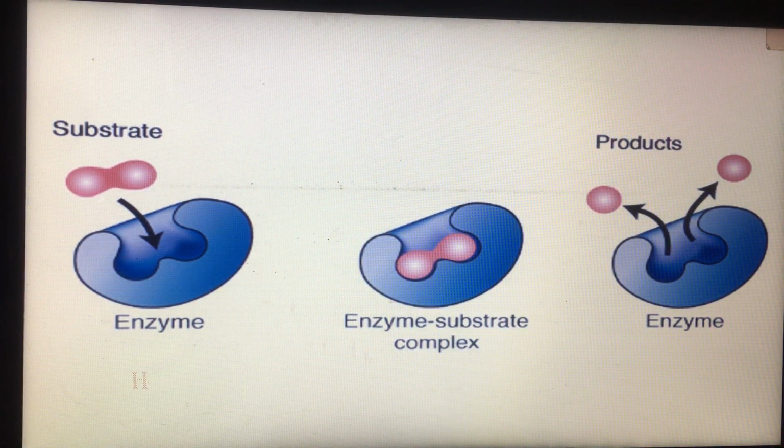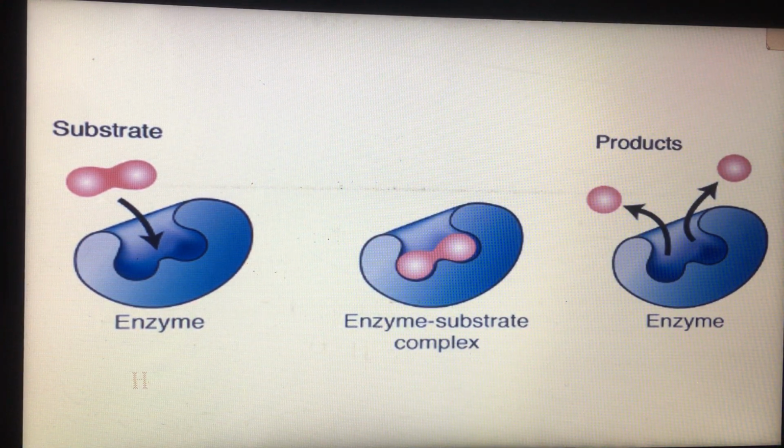Or another example, if we have lipids, the enzyme that works on them is lipase. Lipase will break down lipids into fatty acids and glycerol. So the products will be fatty acids and glycerol.